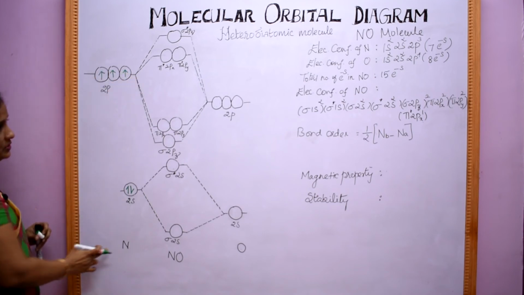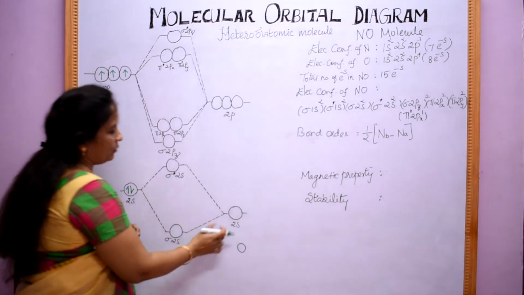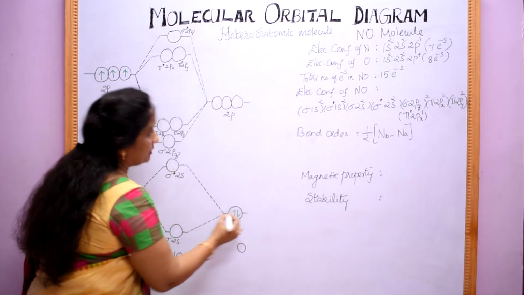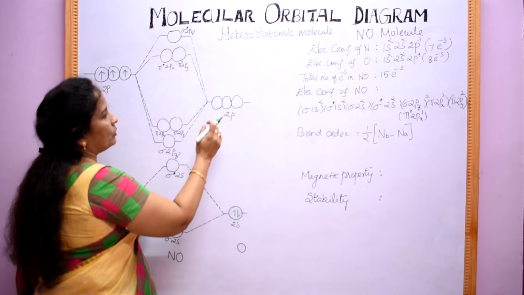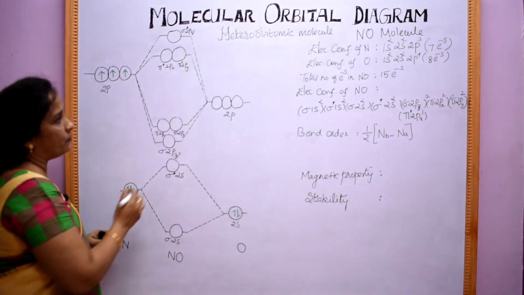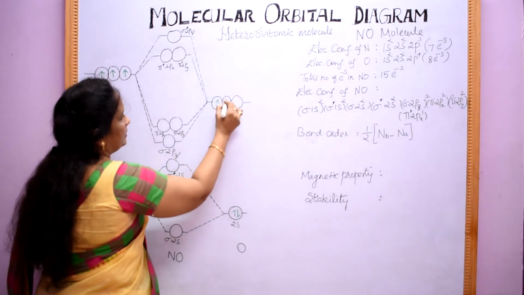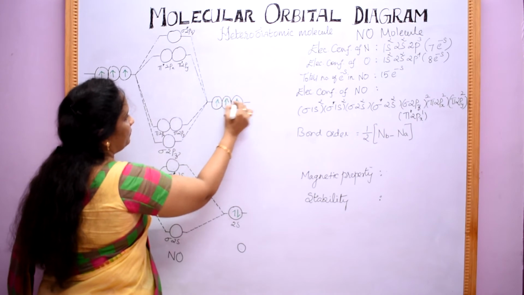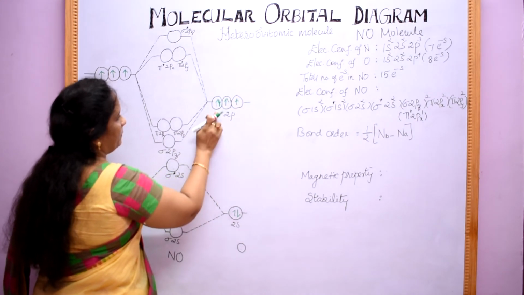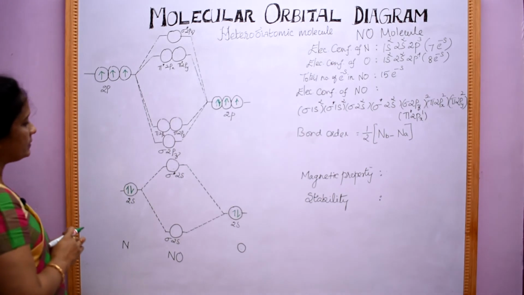Coming to oxygen, we have 2 electrons in the 2s orbital and 4 electrons in the 2p orbital. 1, 2, 3, and the 4th electron will be paired up in one of the orbitals.